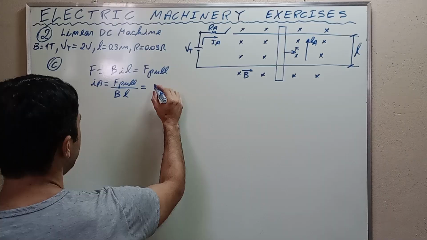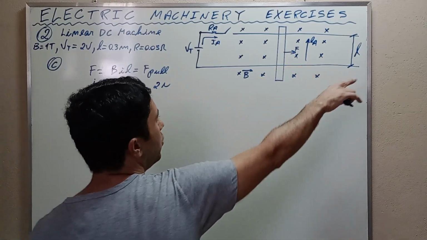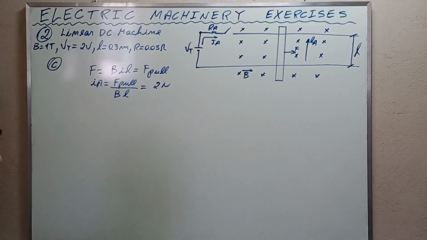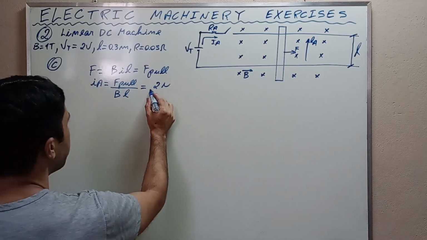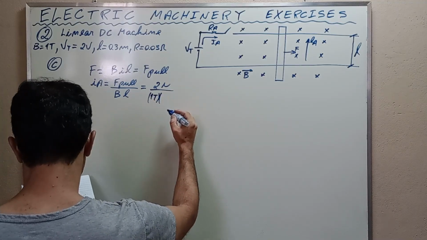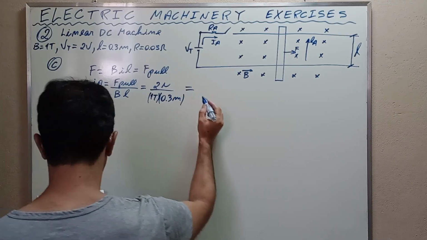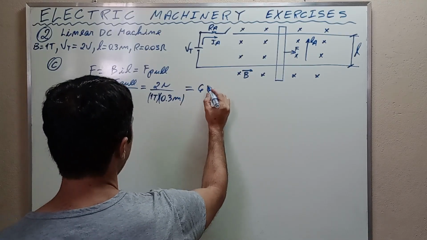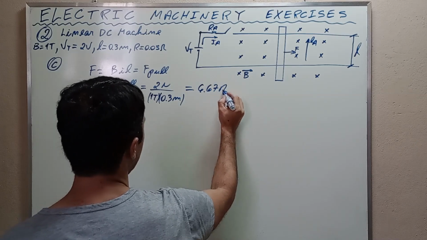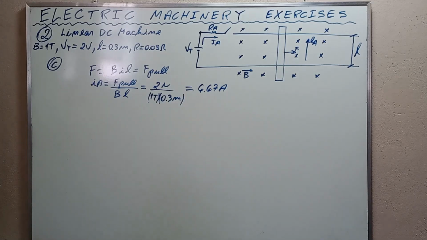This is equal to 2 newtons, because the exercise said that this pulling force to the right is 2 newtons, divided by 1 Tesla times 0.3 meters, and this is equal to 6.67 amps.